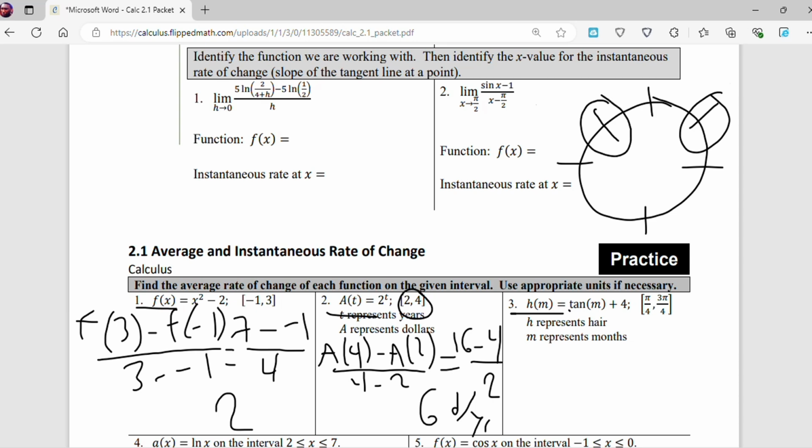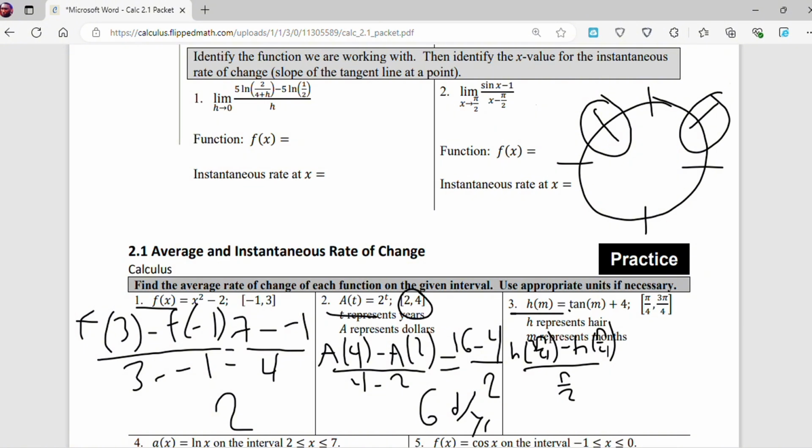So let's set our thing up. We have h of 3 pi over 4 minus h of pi over 4 over 3 pi over 4 minus pi over 4, that's 2 pi over 4. And simplify that, you get pi over 2.